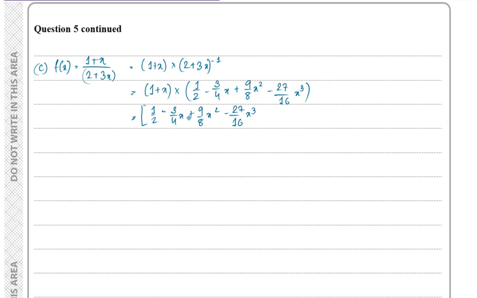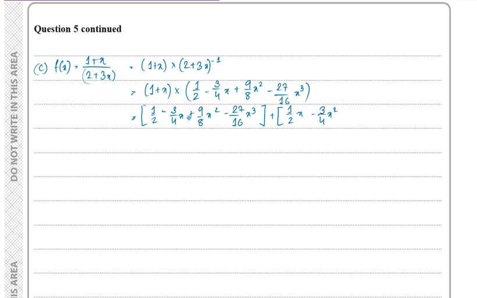And now if we multiply x, so this would be half multiplied by x would be half x, and minus 3 by 4 x multiplied by x would be minus 3 by 4 x squared.